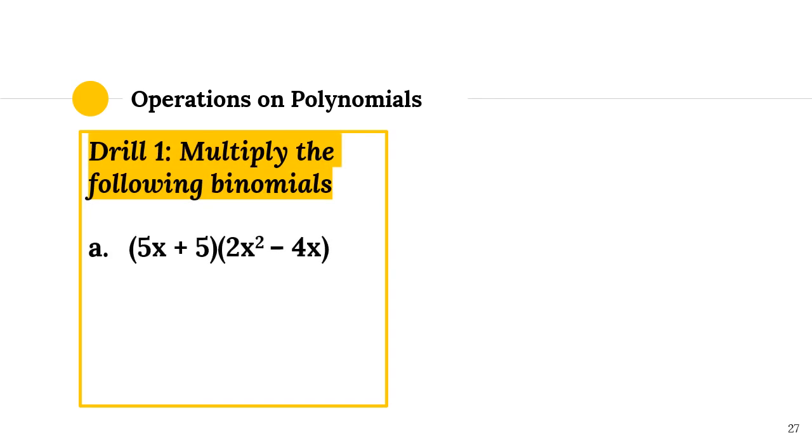Let's try to have a drill. Multiply the following binomials. So we have 5x plus 5 times 2x squared minus 4x. And we have 4a minus b times 3a plus b. Okay, so let's begin with the first one. We have first, so 5x times 2x squared is 10x cubed, right? Next is outer.